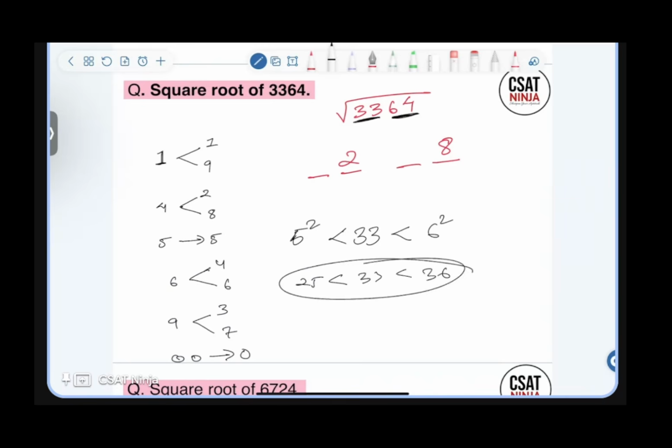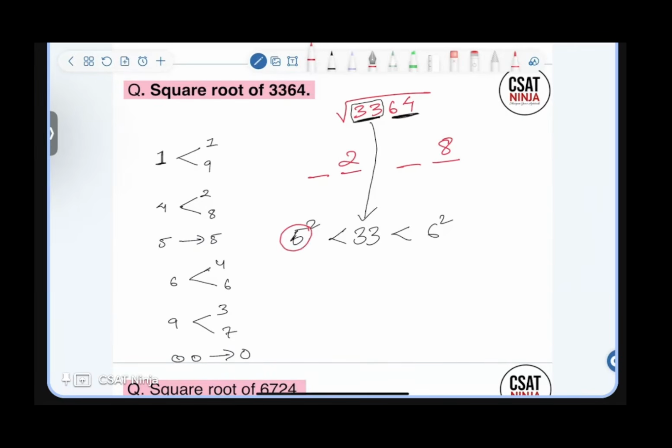So you just take the first two numbers here, and you see that the number lies between 5 square and 6 square. So the smaller number here will be your first digit. The smaller number is 5. It will be your first digit.